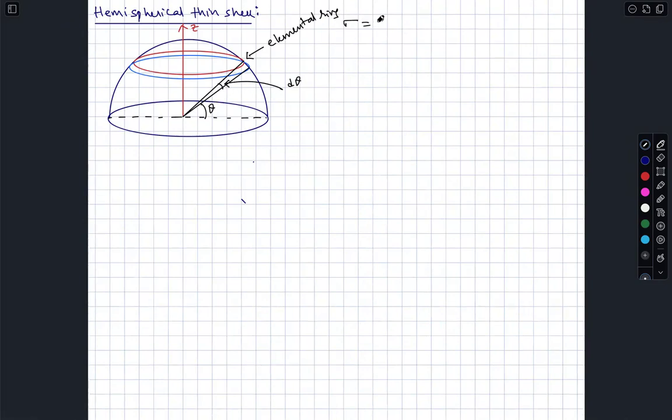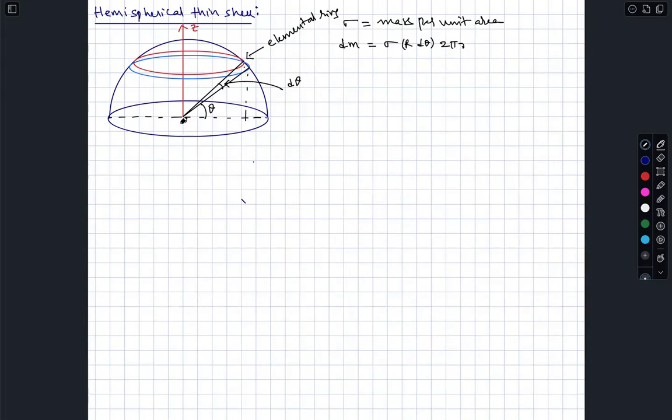Again, sigma is mass per unit area. So what is the mass of this small element? Sigma, r d theta is the width, 2 pi, what is this radius by the way?